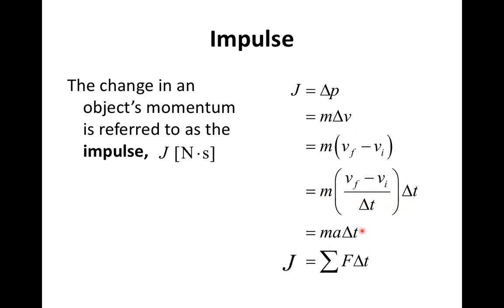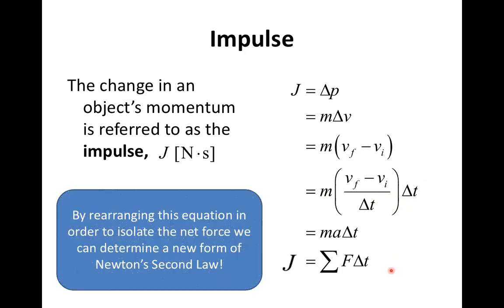We've done some simplifying to reveal a new form of Newton's second law, where impulse is equal to total force times change in time. And this is the time that that force is applied.